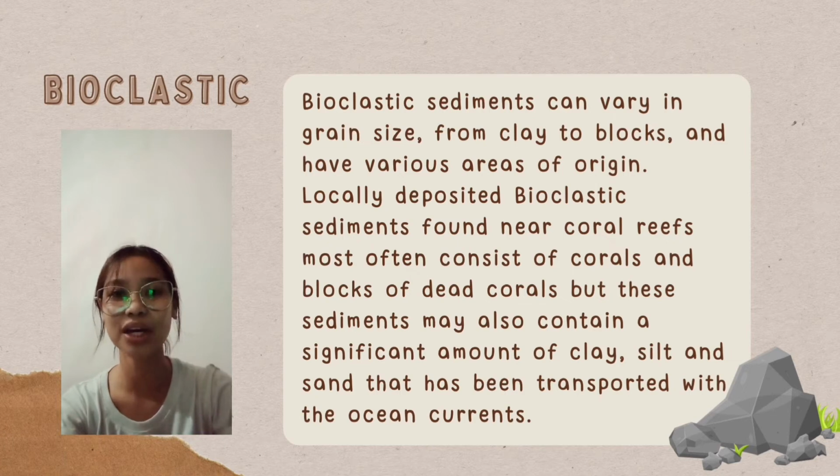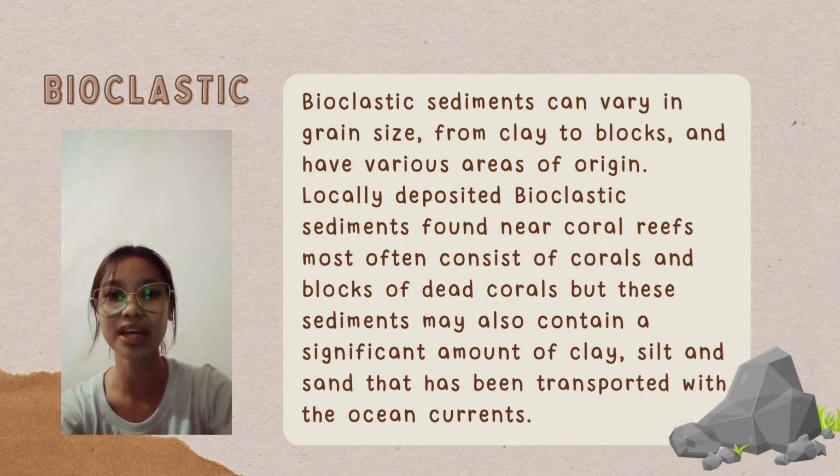Locally deposited bioclastic sediments found near coral reefs most often consist of corals and blocks of dead corals, but these sediments may contain a significant amount of clay, silt, and sand that has been transported with the ocean currents.